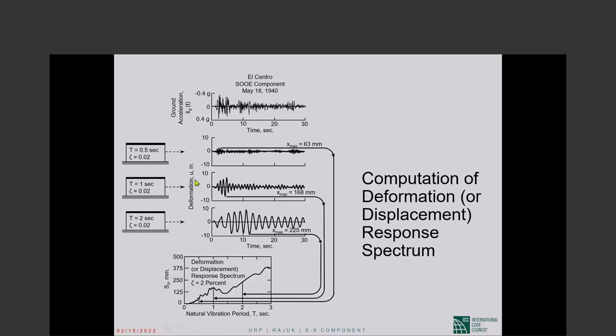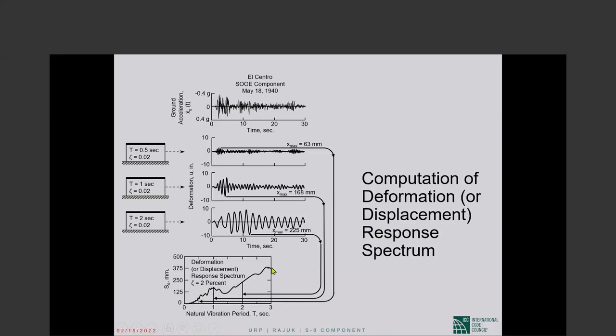Since we are computing the displacements on the computer, there is nothing to prevent us from computing the spectral displacements at many other periods, not just half, 1 and 2 second, and then drawing this kind of a curve.